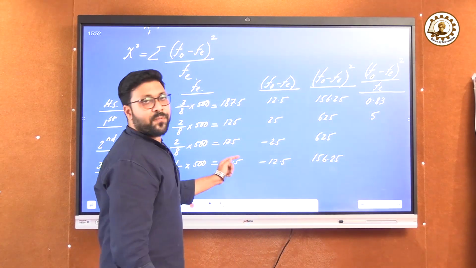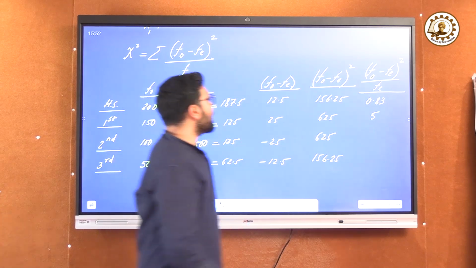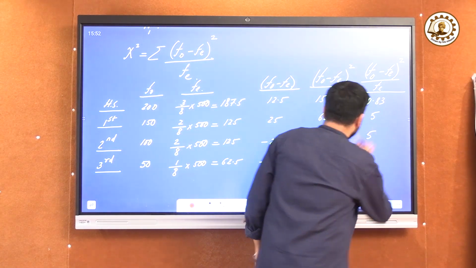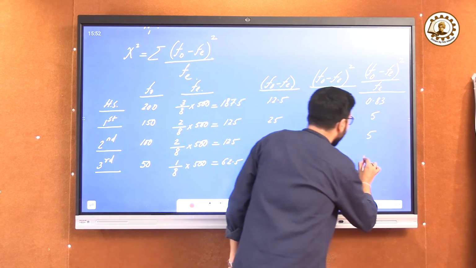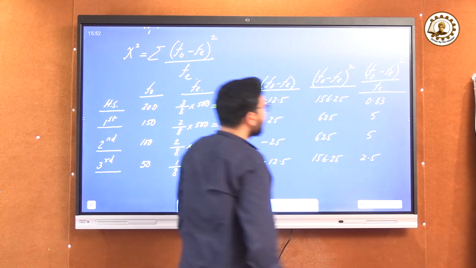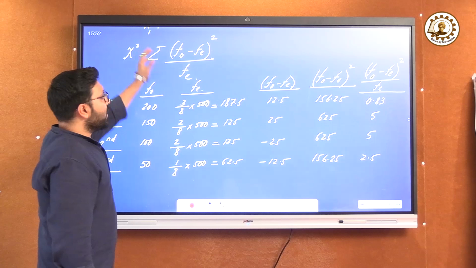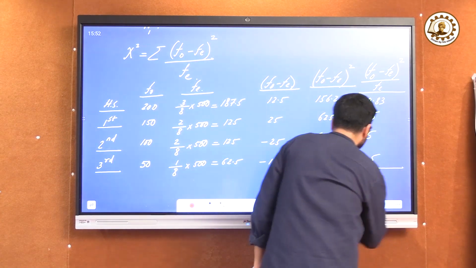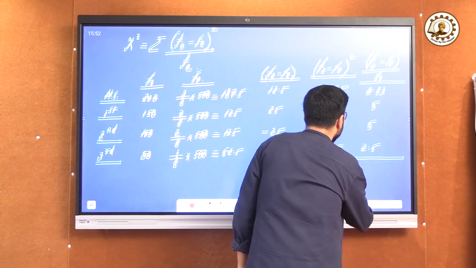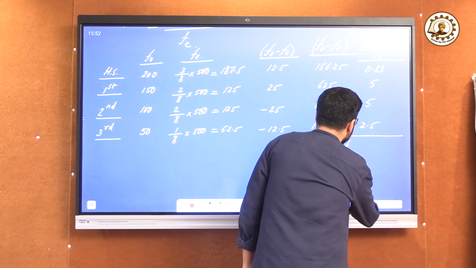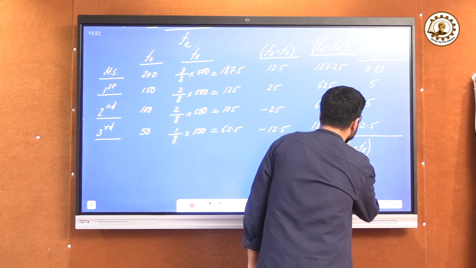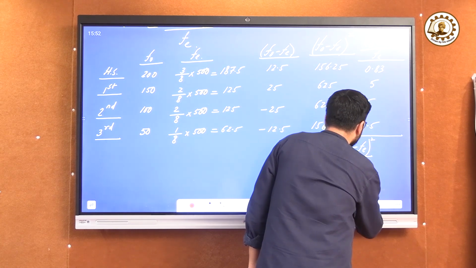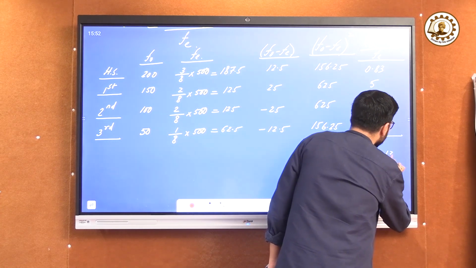Again it is 625 divided by 125, which is 5. Here it has to be 2.5. So look at this summation. Next we just need to add all these values, and so you will get the value as summation FO minus FE whole square by FE as 13.33.